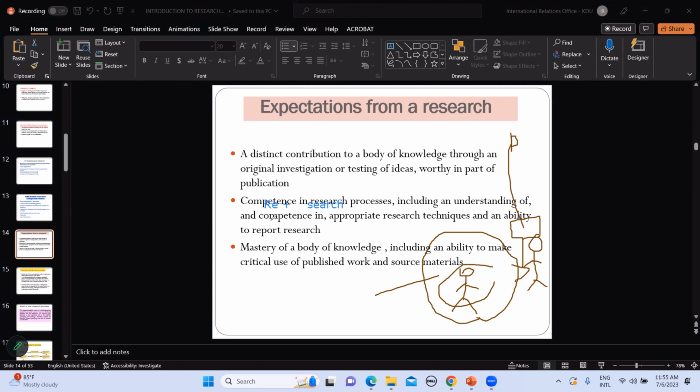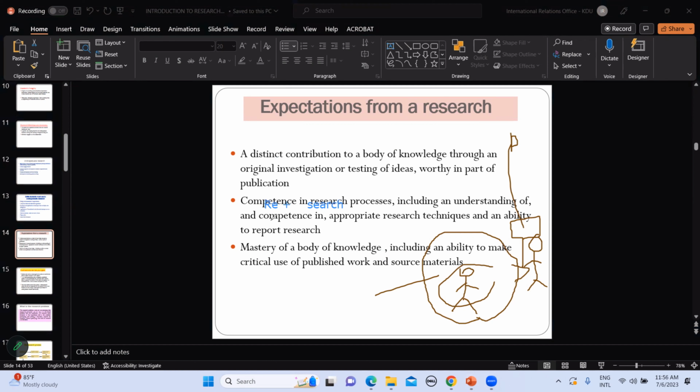That is why we call it a distinct contribution to a body of knowledge, original investigation or testing of ideas worthy in part of publication. I will show you students different scientific databases. We have publications. For example, if you are a researcher, you have a Google Scholar profile, you have ResearchGate.